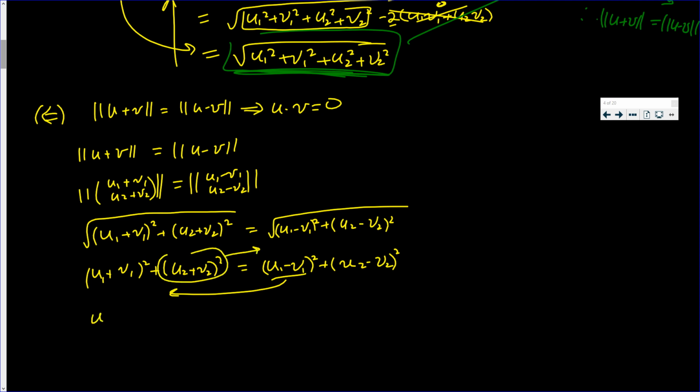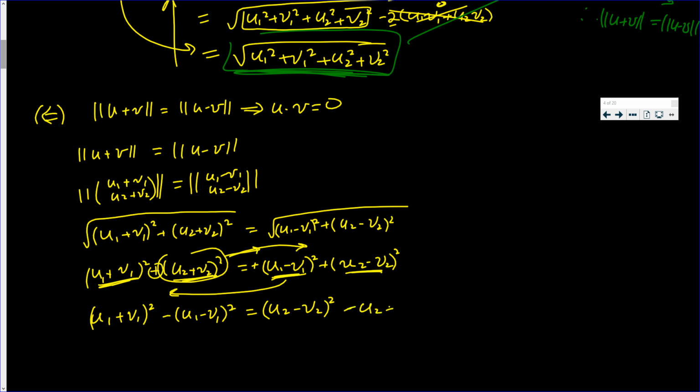So the left side now is (u1 plus v1) squared, and when I bring this over, it's understood to be plus, so now it becomes minus. Equals, this we're not moving, it's (u2 minus v2) squared. And like I said, I'm bringing this to the right side. It's positive, so it goes over as negative.